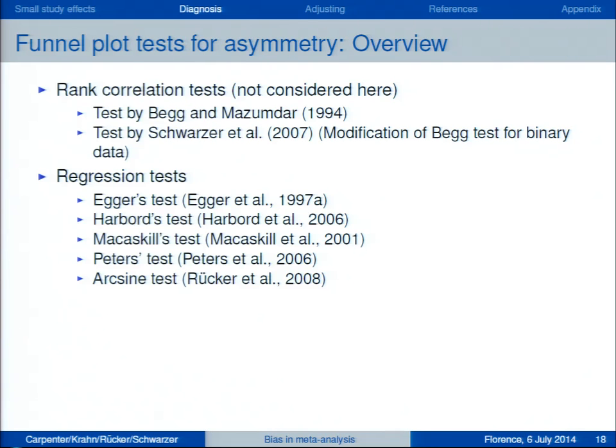There's a test by Roger Harbord, a test by Peter Macaskill, a test by Jaime Peters, and also a test I have developed. This is a very large list, and of course I cannot tell you the details of all these tests now. I simply mention them here, but in the appendix of your handout you might find the exact definitions, and there's also a reference to an overview by Jonathan Sterne and co-authors where these tests are explained in more detail.